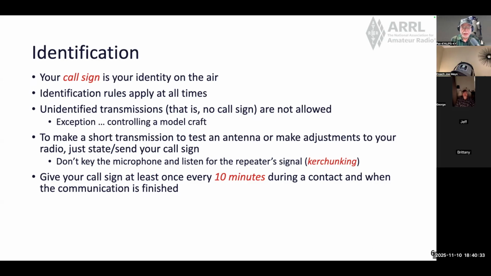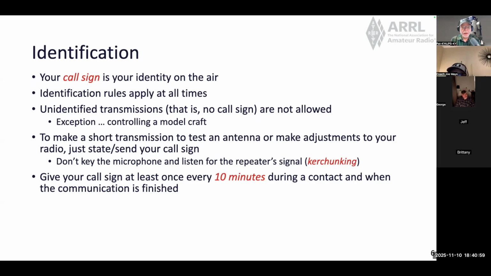Or you may say, I'm going to stop and identify, KY4 JPS. And then when you finish your communication, like if I'm on a net and I'm giving a report, I'll say, well, I'm going to turn it back to net control. This is KY4 JPS. So I always end my transmissions, or try to, with KY4 JPS.